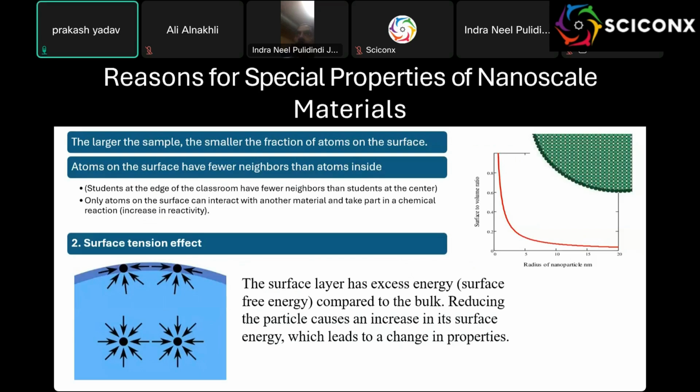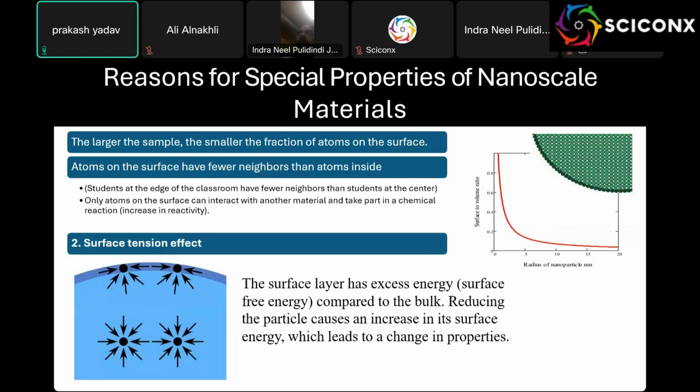Similarly, center atoms and electrons interact more, and that's why bulk materials have fewer free electrons. But when the surface area is increased, the interaction with neighbors will increase due to most of the electrons being on the surface.